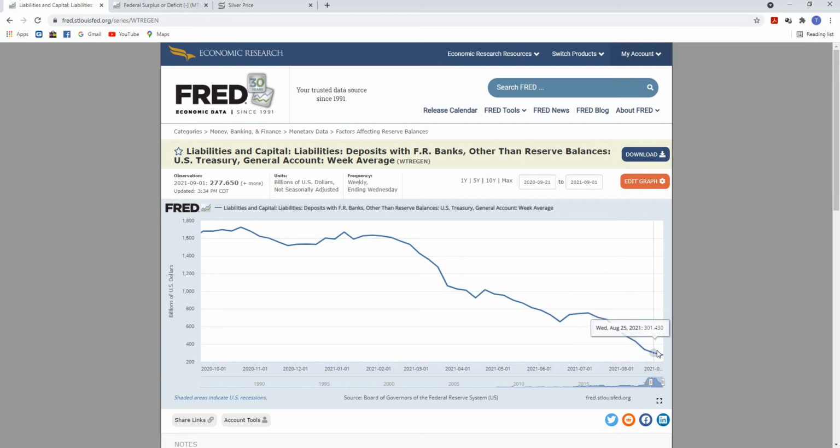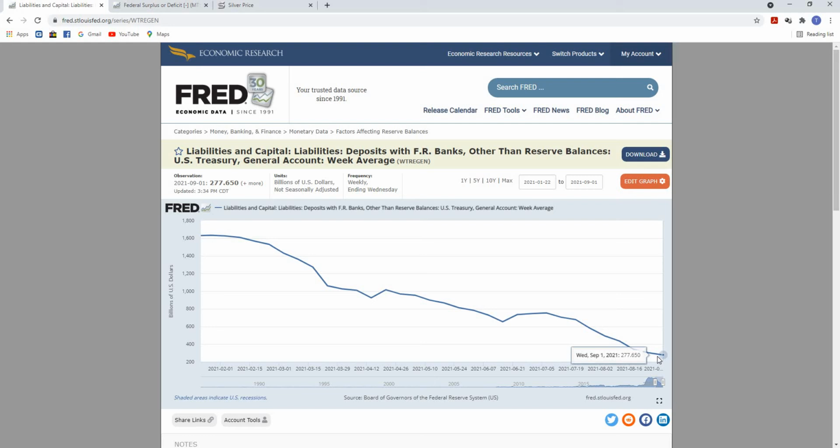So now we've reached levels that have been the lowest since before the pandemic hit in 2020. As of September 1st, we've reached down to below the 300 billion threshold mark at the Treasury account. And as a matter of fact, it dropped even further when we take into account September 8th.